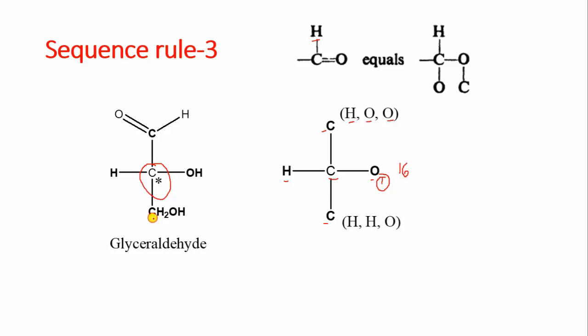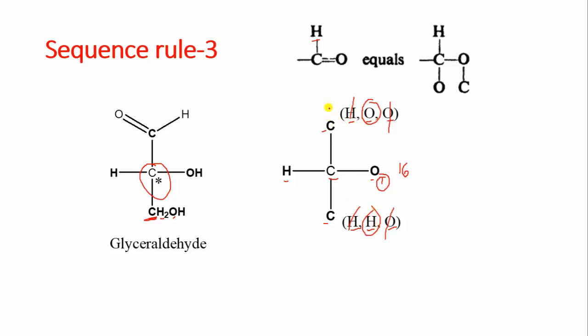This carbon is attached with a carbon double bond O, so we duplicate oxygen, and hydrogen. And this carbon is attached with 2 hydrogens and oxygen. We remove the similar atoms, hydrogen and oxygen. The remaining is oxygen here and hydrogen there. Oxygen has a higher atomic weight than hydrogen, so oxygen gets higher priority.